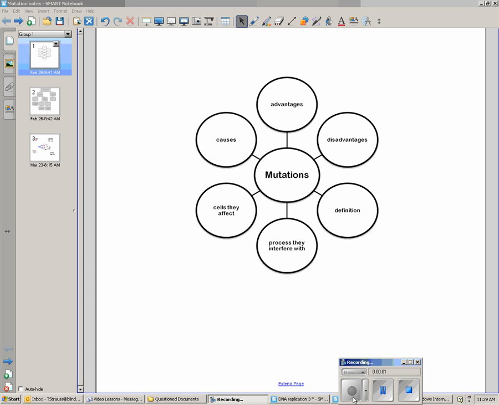The last lecture that we're going to have for this section is going to consist of DNA or genetic mutations. And there are some advantages to mutations, believe it or not. It's not completely bad because from these mutations, we derive evolution and genetic variation.